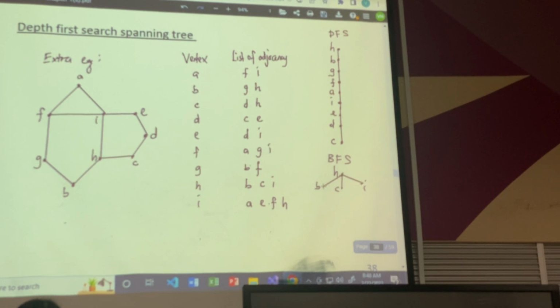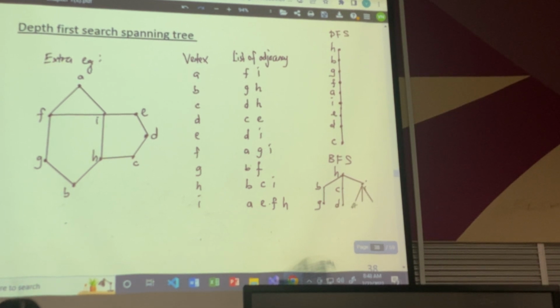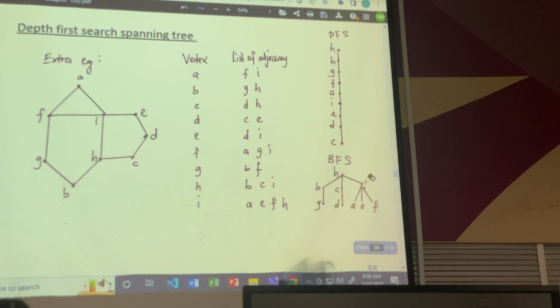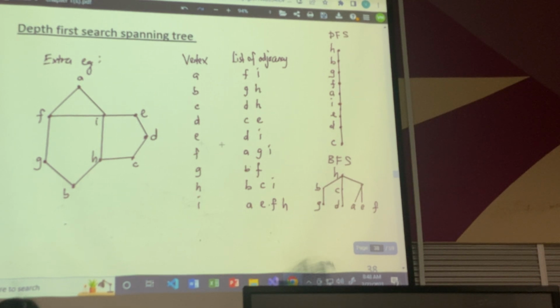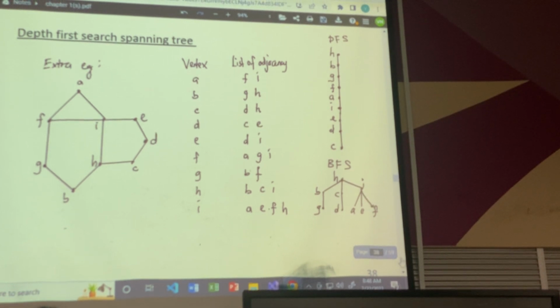B is connected to G and H. C is connected to D and H. I is connected to A, E, F, H. Okay, so we get this. So this is the breadth first search.